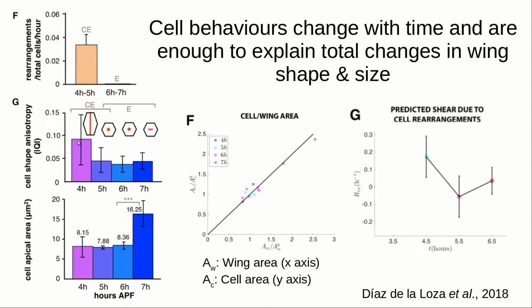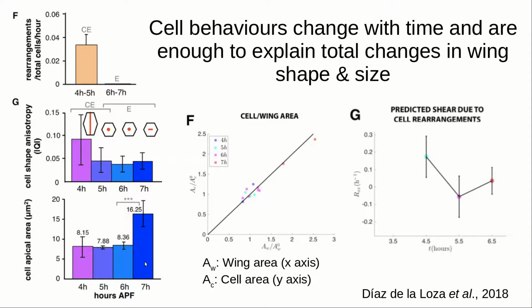Okay, so this is also contributing to the overall change in shape. Finally, this is change in apical area, and as you can see, the change in cell area increases towards the end of the process, between 6 and 7 hours after pupae.